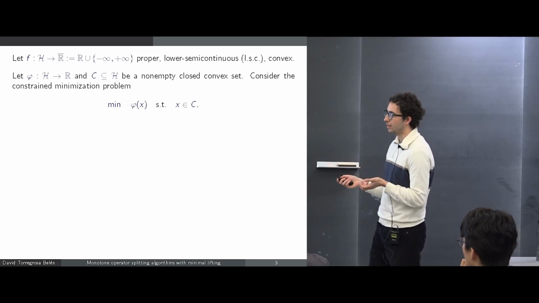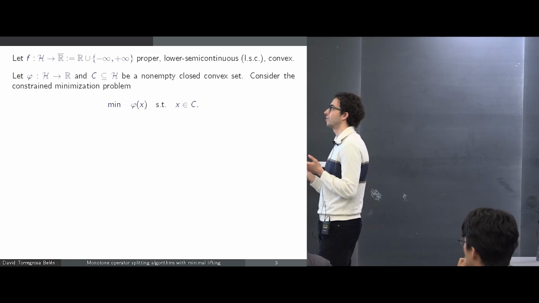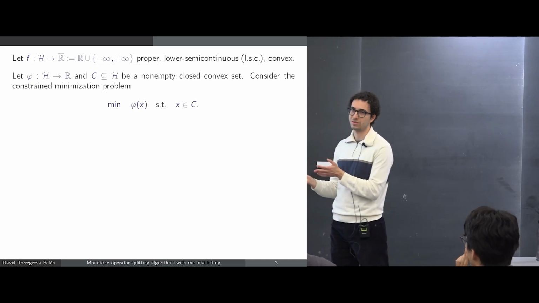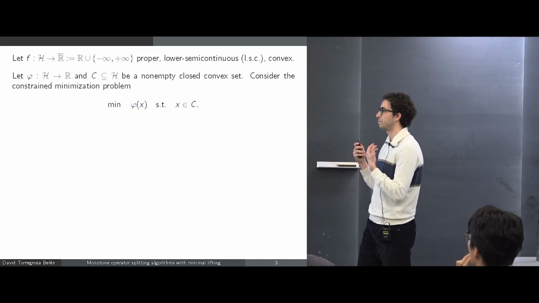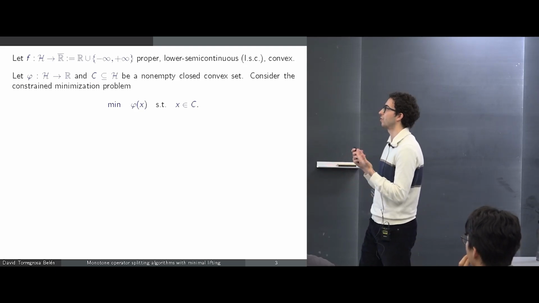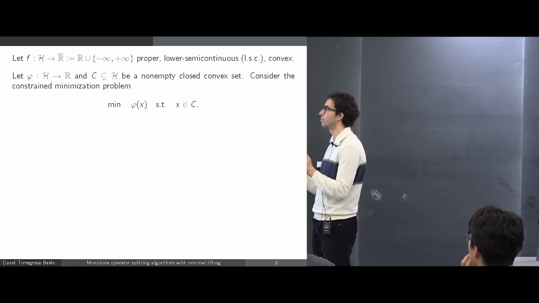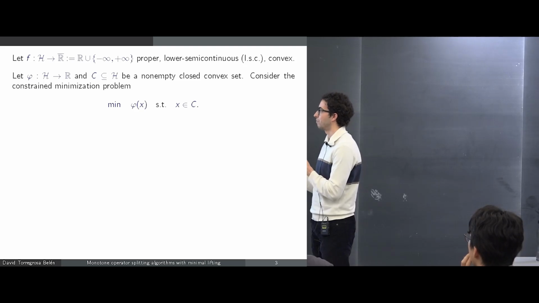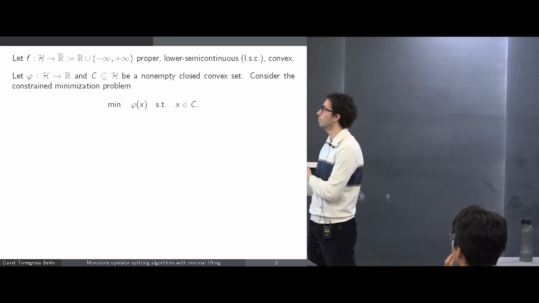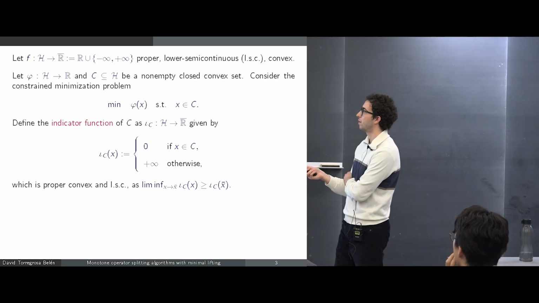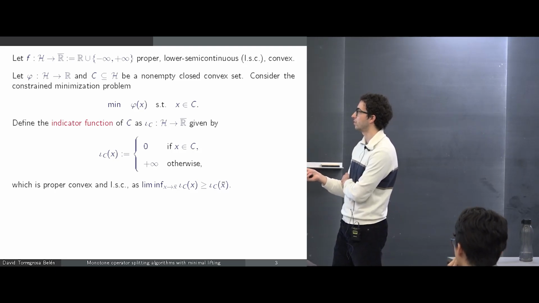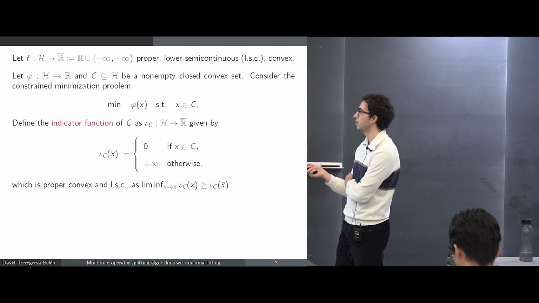And in general, maybe it is not convenient to have to deal with the constraint independently. So what you would like is to try to deal with the constraint in terms of a function too, and you can do that by defining this indicator function, denoted iota C, which takes value 0 if the point x is in the set C, and otherwise it takes the value plus infinity.